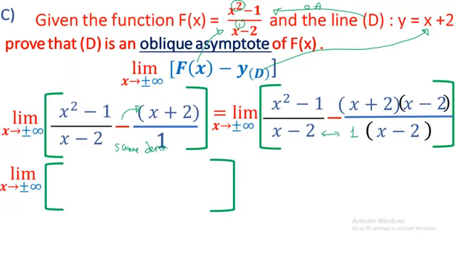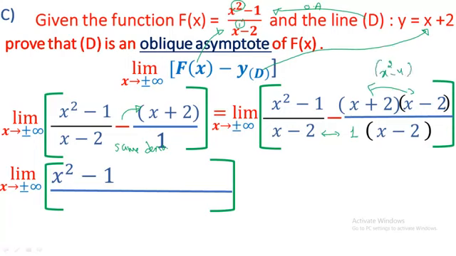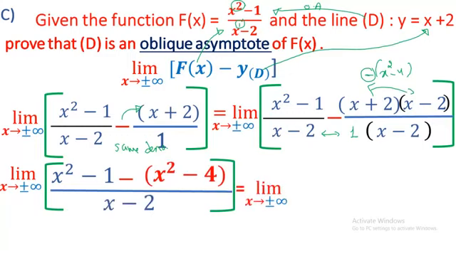Limit as x tends to plus or minus infinity of x squared minus 1, and this is difference of 2 squares, that is x squared minus 4. And we have minus before the bracket, over x minus 2, which is the common denominator.